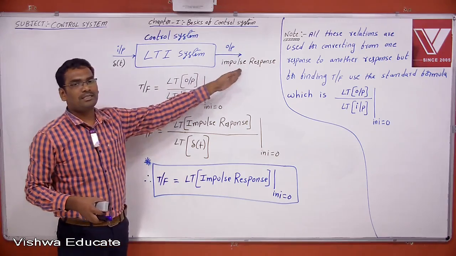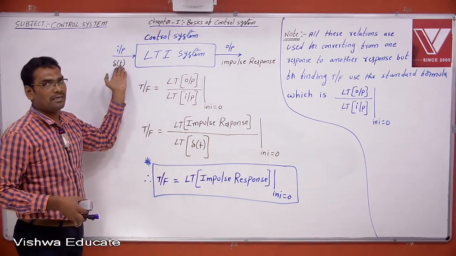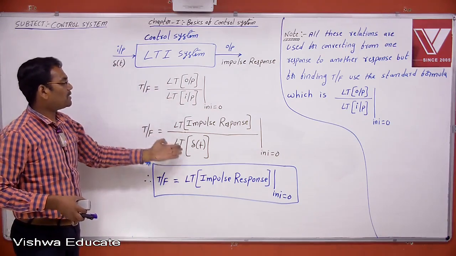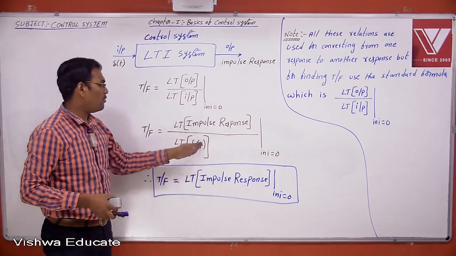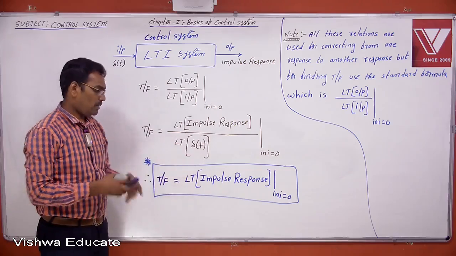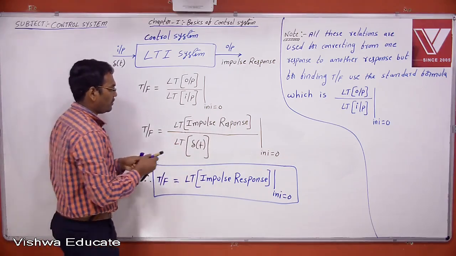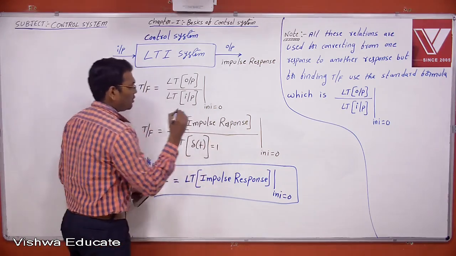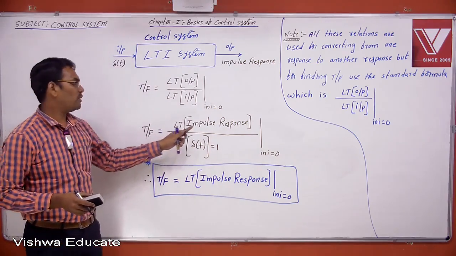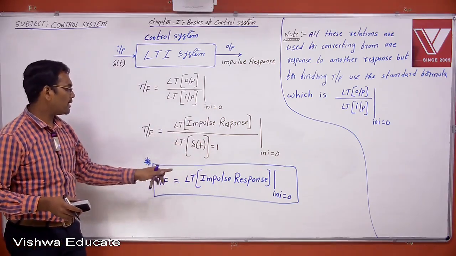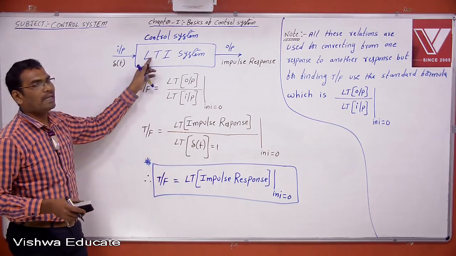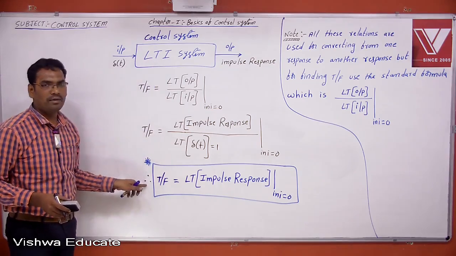Output is the impulse response because you are giving the input as an impulse input, and the Laplace transformation of impulse is equal to 1.